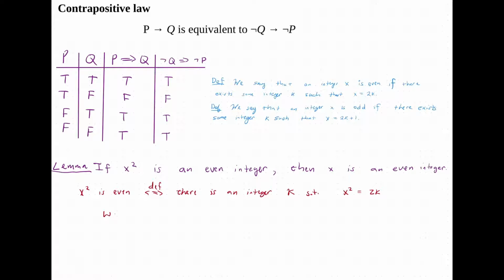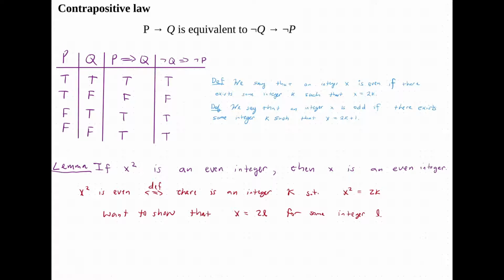So we want to show that x is equal to 2 times L for some integer L. But this is problematic because we need to be able to extract an x from here. But k, the way we use the definition, is just some integer.